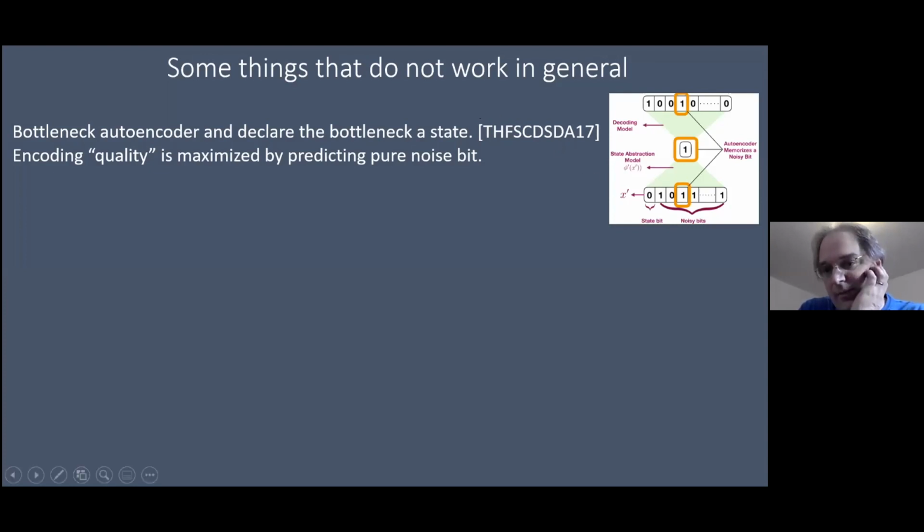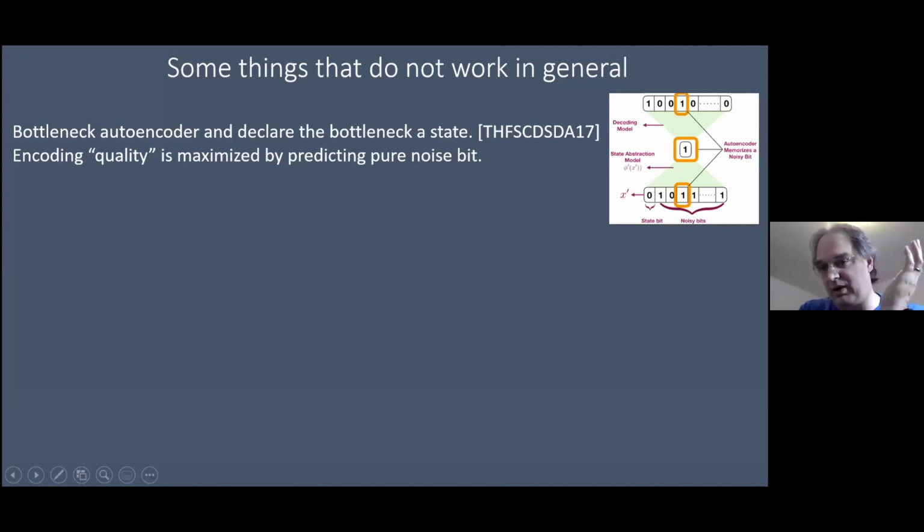So maybe you have one state bit, which is describing the world. Then you have a whole lot of noise bits. If you train your autoencoder to minimize the log loss of reconstruction error or something like that, then it turns out that you can reduce your entropy or your log loss by just echoing a noise bit.